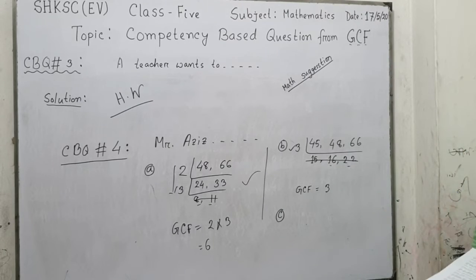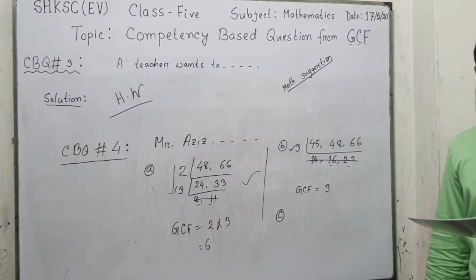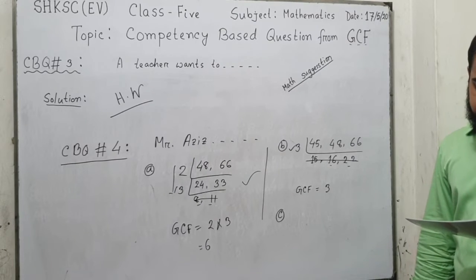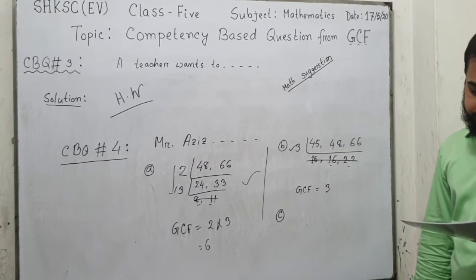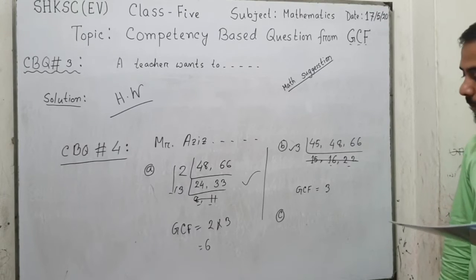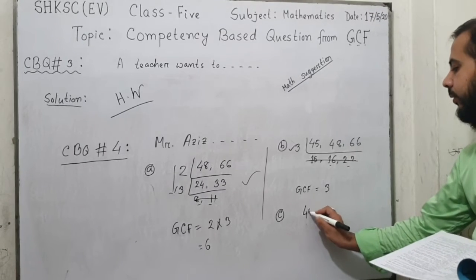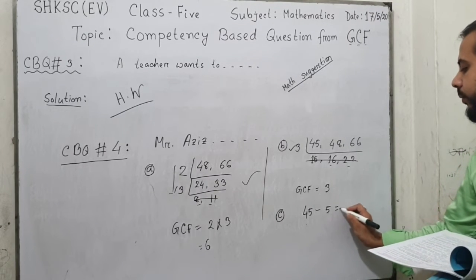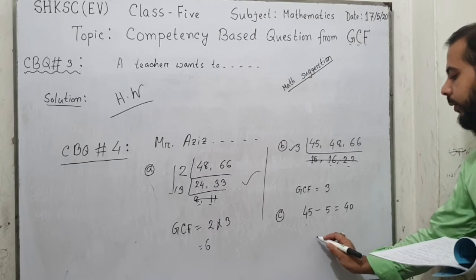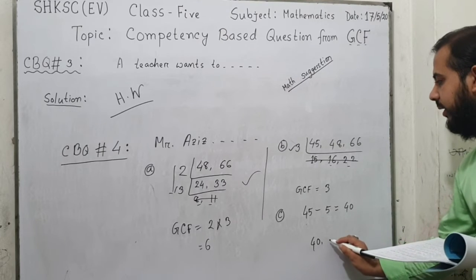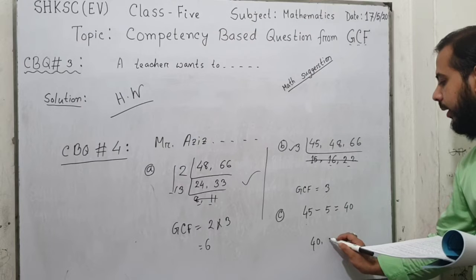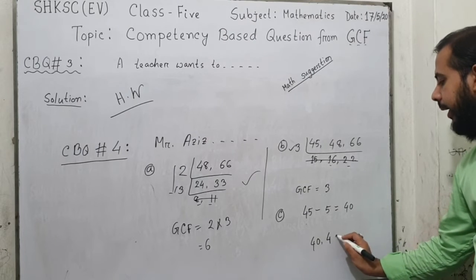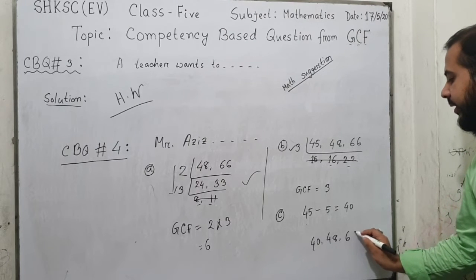Now question number C. Question C asks, if the quantity of black colored pencils is 5 less, the black color is 45, so it is 5 less, so 40. Now we will find the GCF of 40, 48 and 66.